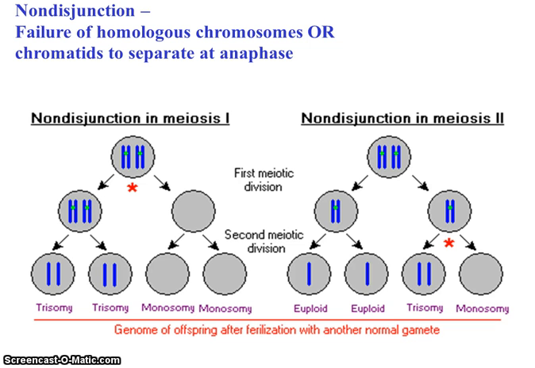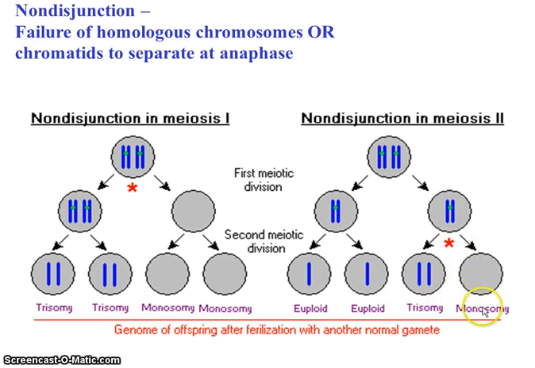And non-disjunction. This is the failure of a homologous chromosome to separate. So we get these, which were supposed to separate up here, and they didn't, and so we get trisomy.